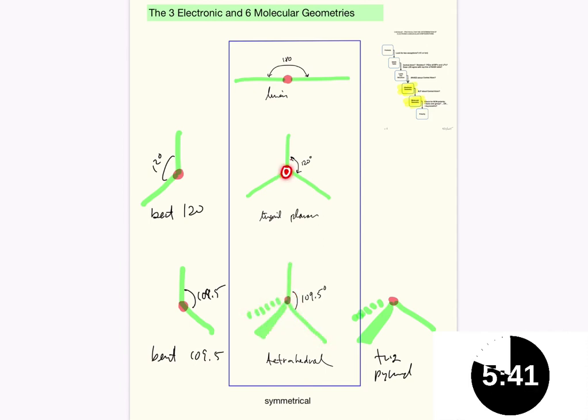This is called the central atom, and this is a central atom with 2 elements bonded to it. This is a central atom with 3 bonded to it, and this last thing represents a central atom with 4 atoms bonded to it. There are 2 more electronic geometries, just so you know.